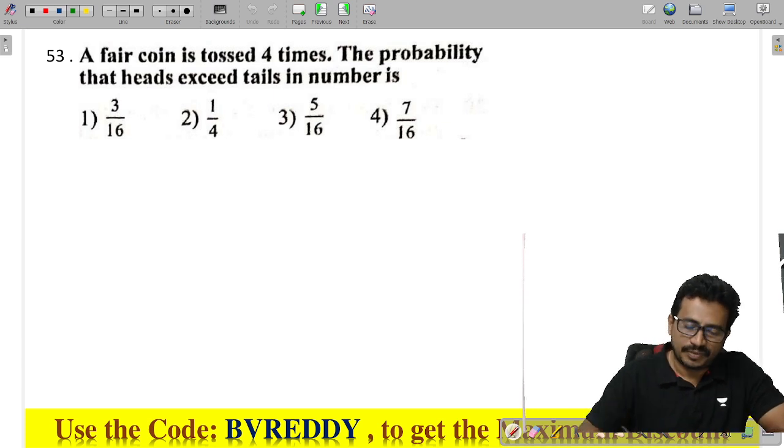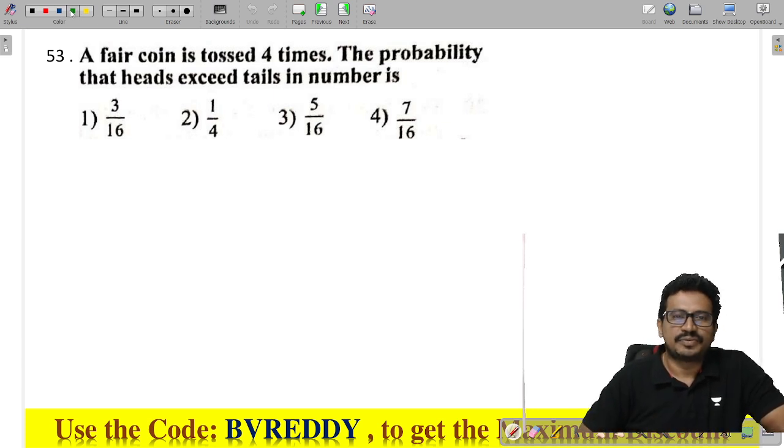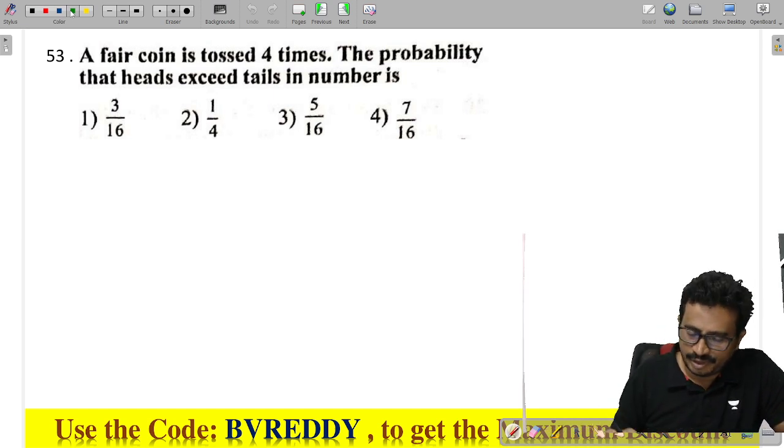Next, a fair coin is tossed 4 times. The probability that heads exceeds the tails. Means what now? 4 times tossed. Heads must be more. That means heads are more. So we have 3 heads, 1 tail.